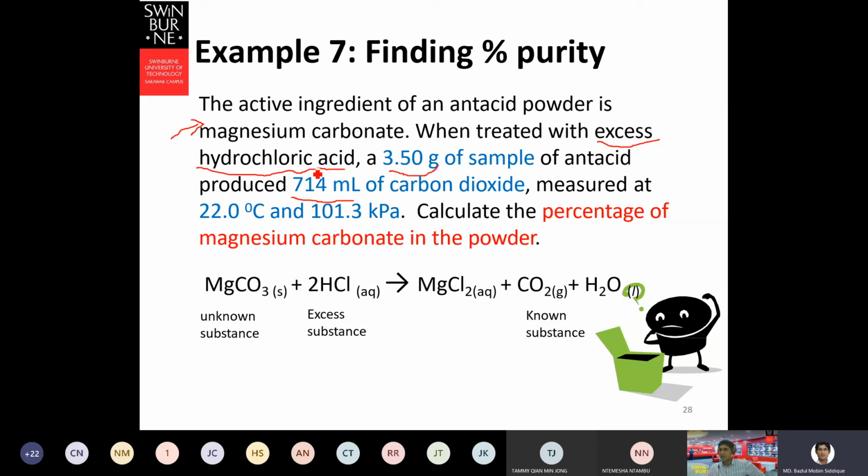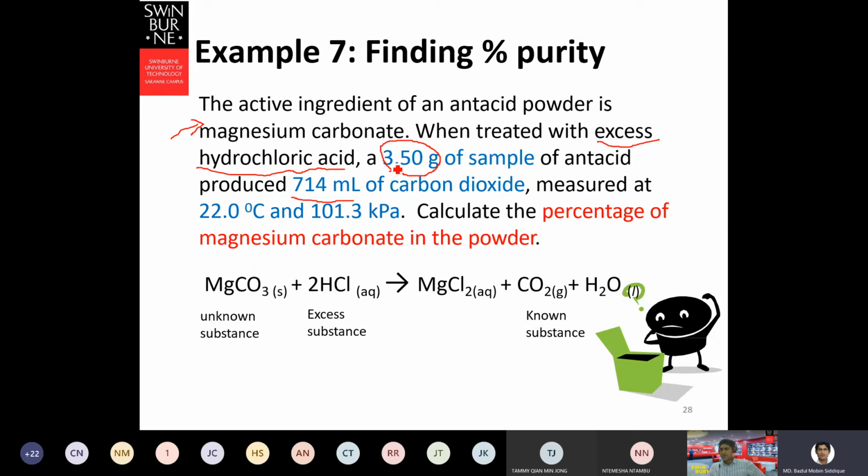In 3.50 grams there is magnesium carbonate, but we do not know how much, because there can be many other things in the antacid, not only magnesium carbonate. So out of this 3.5 grams, how much is magnesium carbonate?